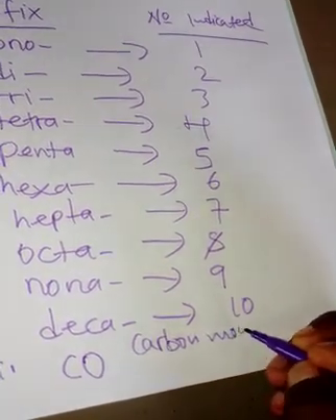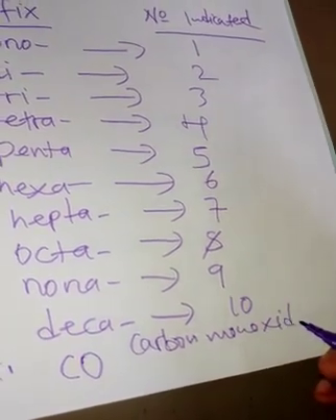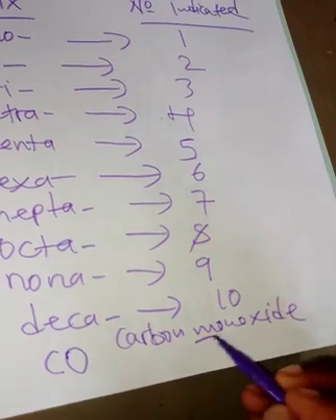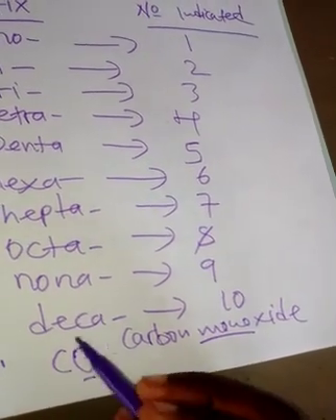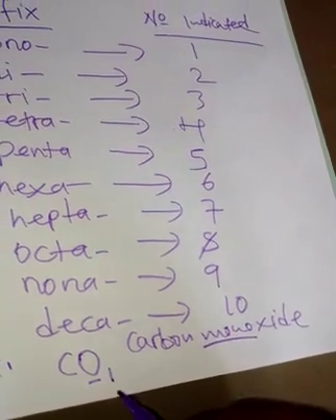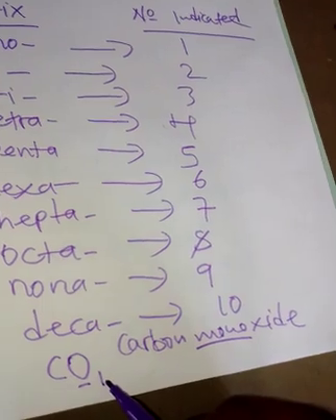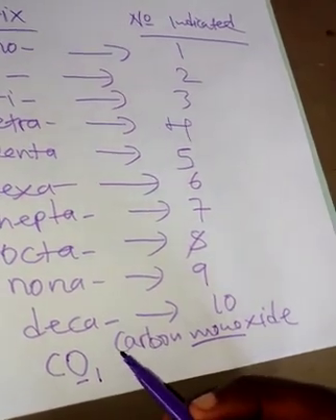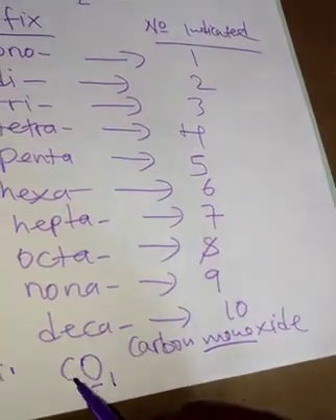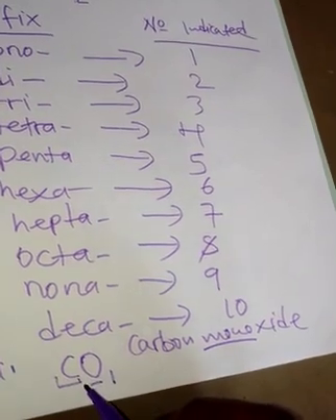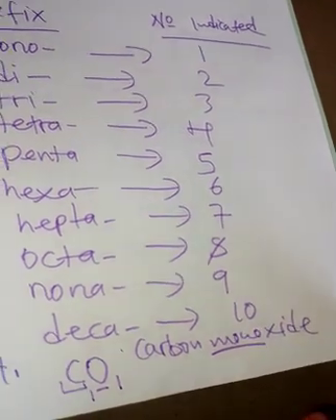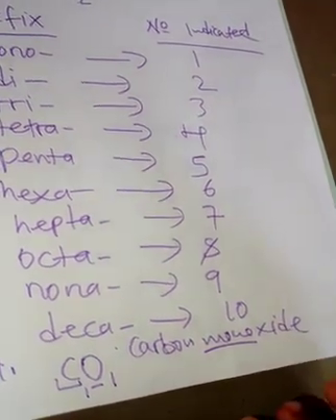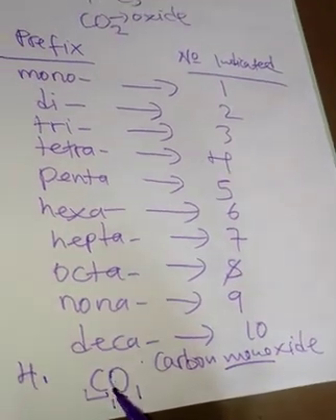We have used mono before oxygen because we just have one atom of oxygen there. What about carbon? Even for carbon we have one atom. But why didn't we say monocarbon monoxide? No, you don't do that for the first element.